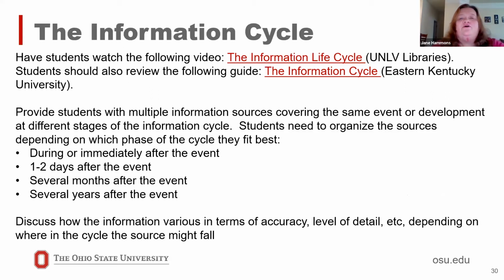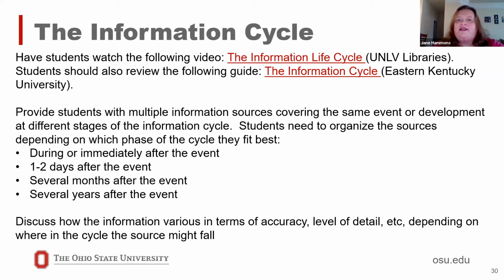The information cycle. This is a great way of thinking about information formats and information creation processes. The information cycle is a model that describes how information is created after a particular event, and the types of information formats that are created and who's creating that type of information in the time period after an event.